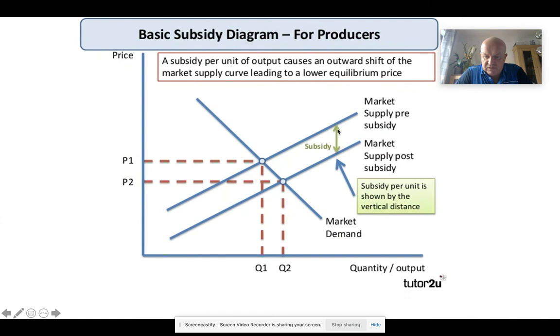But the subsidy essentially is a value, in this case the amount that the producer would be able to produce at a lower cost. And so at that level of subsidy, the producer would be able to sell at P2, but also provide higher quantities rather than the Q1 that was originally envisaged. Okay, so that's a basic subsidy diagram for producers, which essentially allows them to produce more at a lower cost.